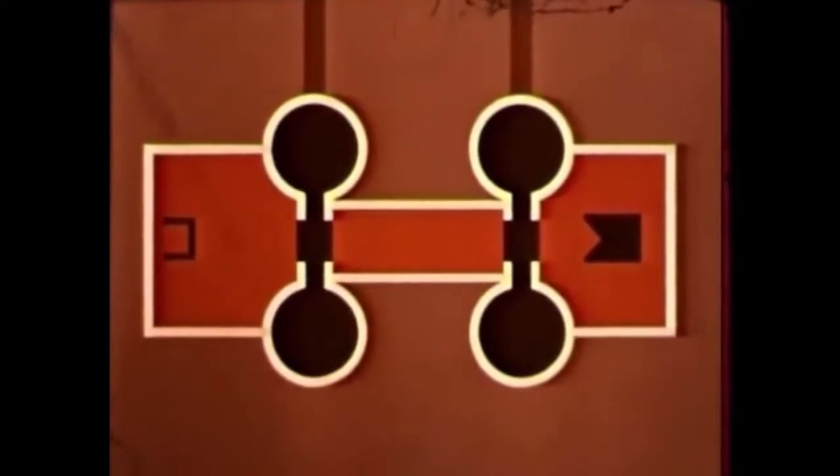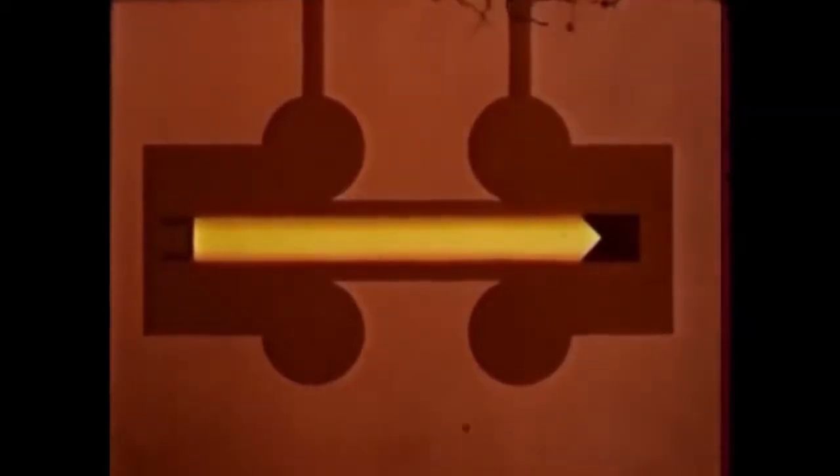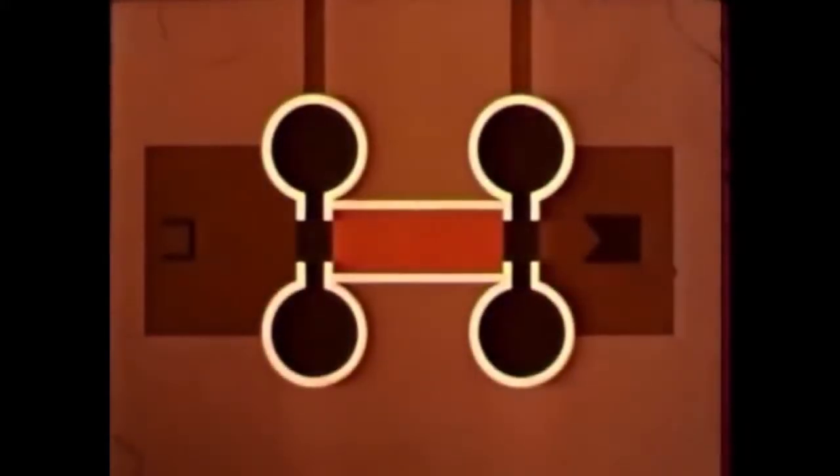The essentials of this simple Klystron are the electron beam, and two metal boxes known as cavity resonators. The cavity resonators have a potential which is positive with respect to the cathode.